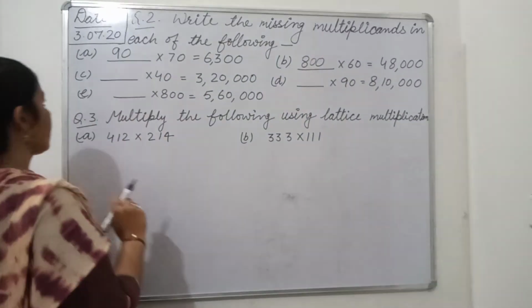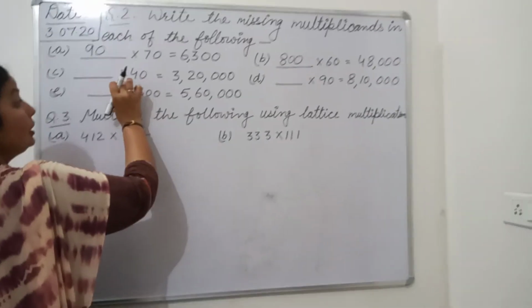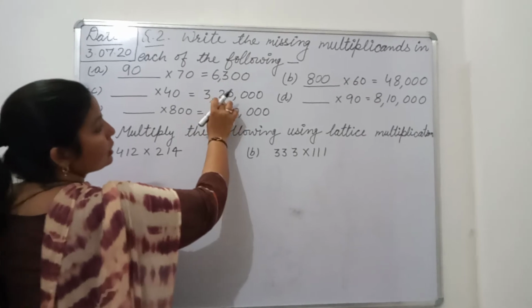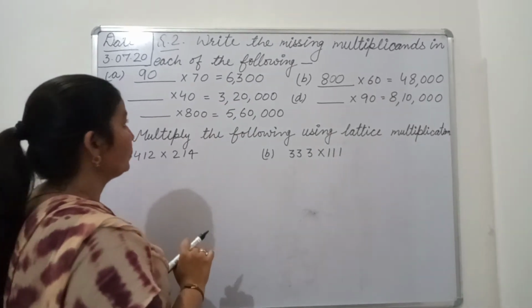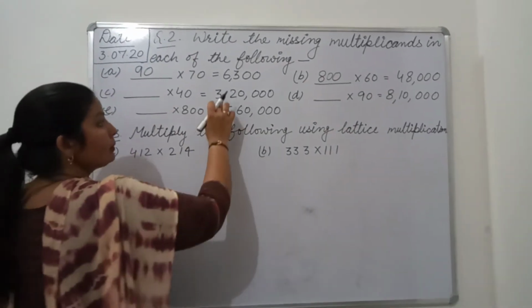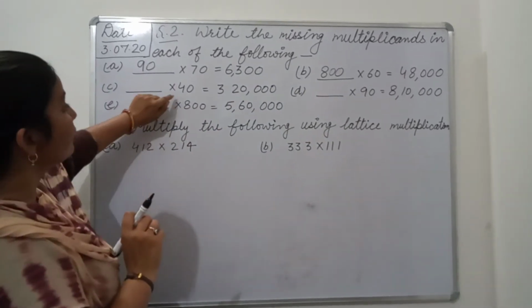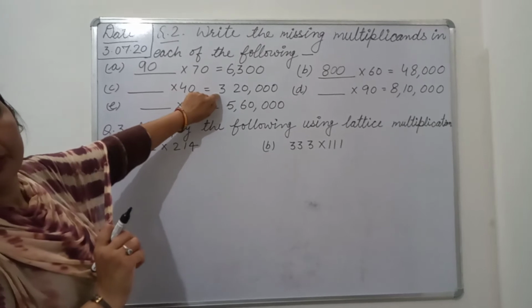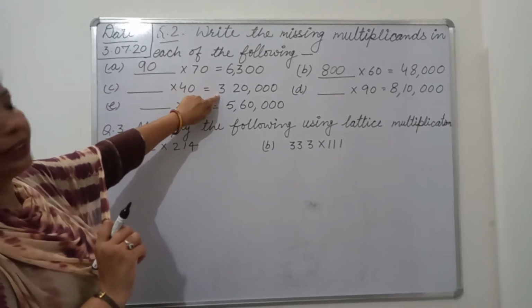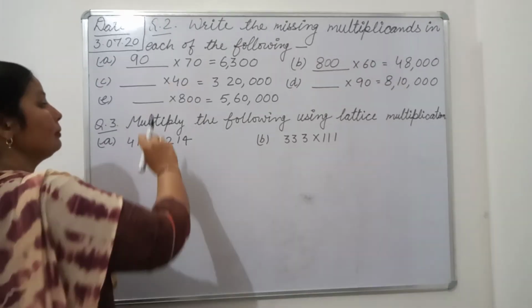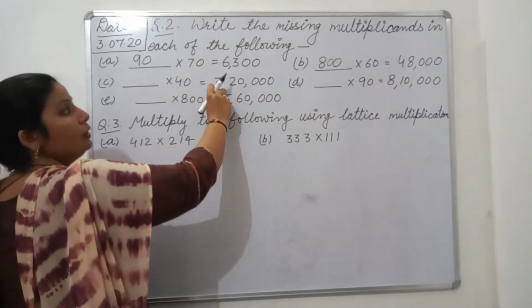Okay. Next. Now here the multiplier is 40 and the product is 3,20,000. Okay. So what is the non-zero number? Now in the 4 table, where is 32? We should decide in which table 32 will come. So in the 4 table we have 4 eights are 32.